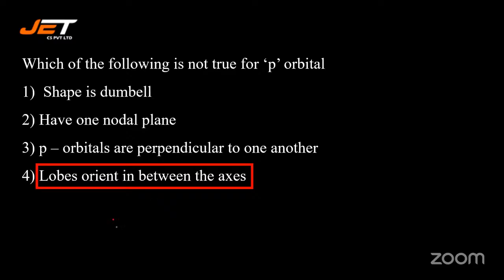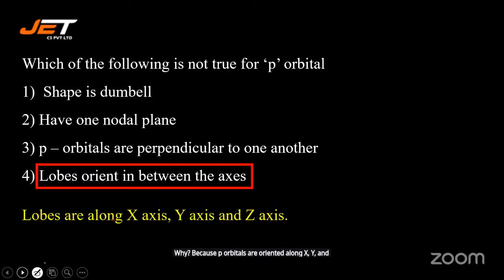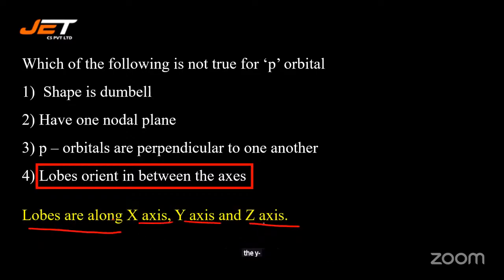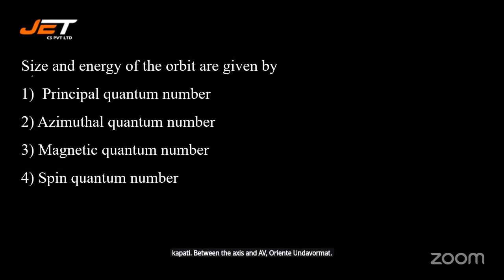Why? Because p orbitals are oriented along x, y and z axis. Okay, lobes అనేవి x axis మీద y axis మీద z axis మీద orient అయి ఉంటాయి కాబట్టి between the axis అనేవి orient అయి ఉండవన్నమాట.